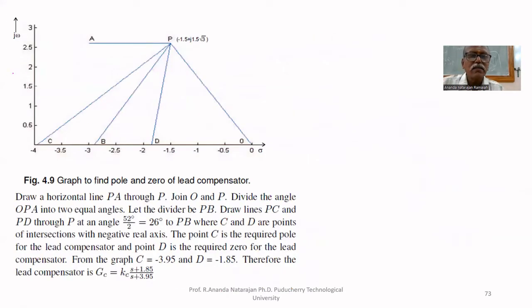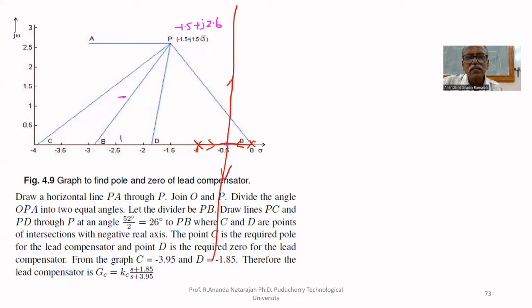What is that point? The point is minus 1.5 plus j 2.6. But root locus is passing through like this.